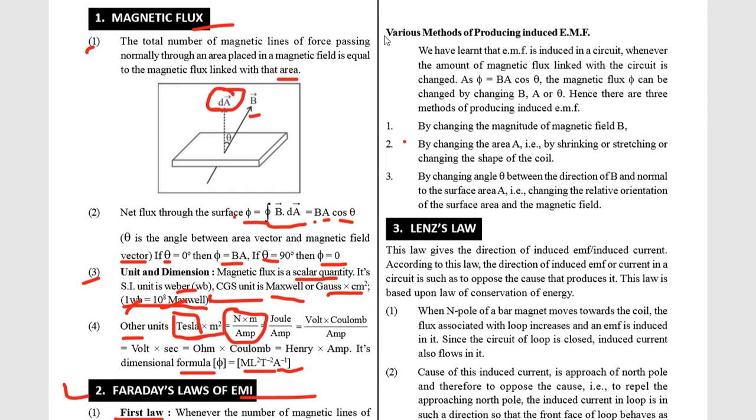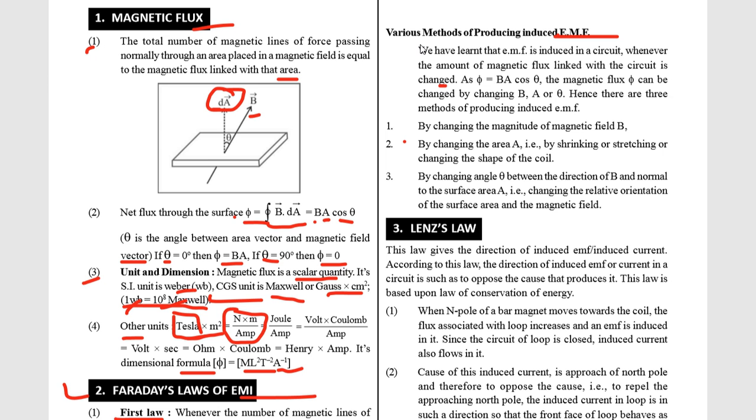Now we are going to study the various methods of producing induced EMF. We have many methods by which we can produce induced EMF in a circuit. Let's see those methods. We have learned that EMF is induced in a circuit whenever the amount of magnetic flux linked with the circuit is changed.